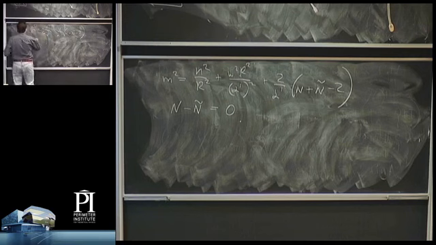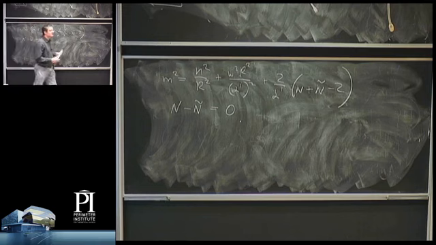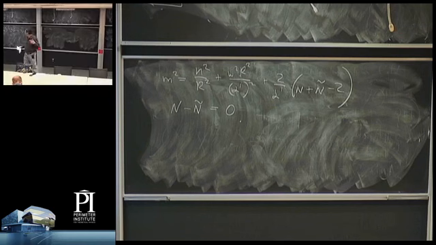Well, actually, there were additional conditions: we had the level matching condition, which was that N minus N tilde was equal to 0. And this level matching condition arose when we insisted that there is no origin on a closed string, right?